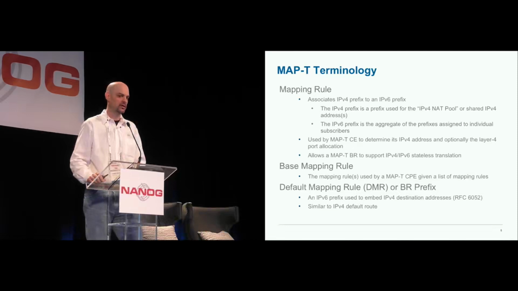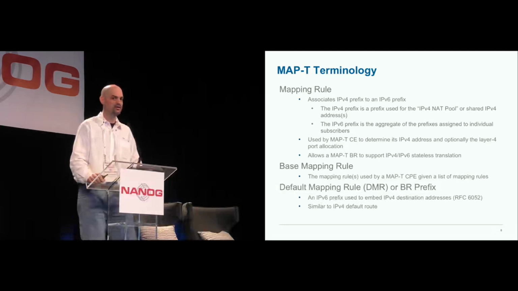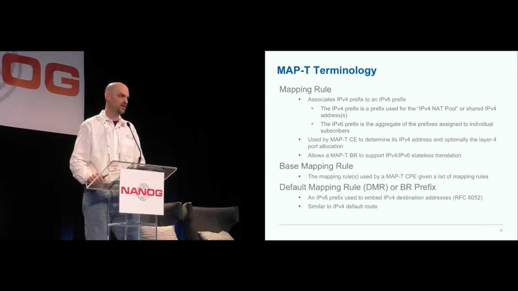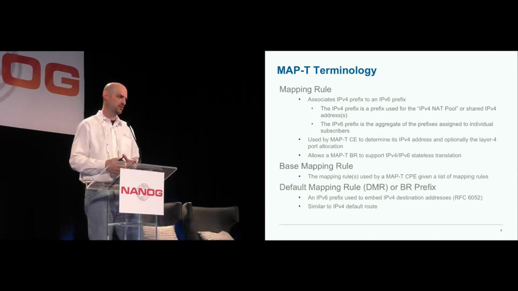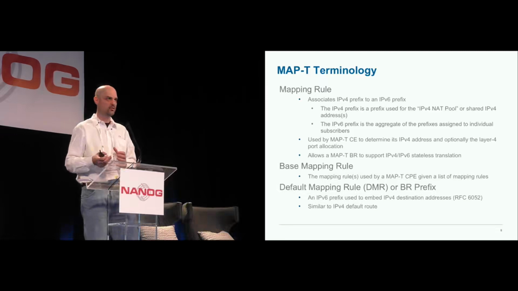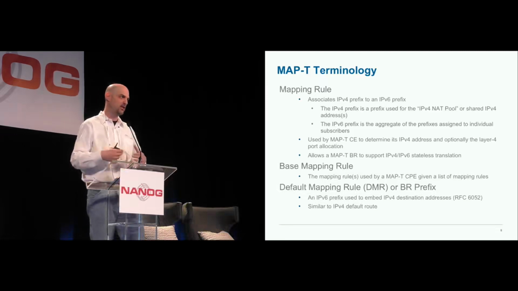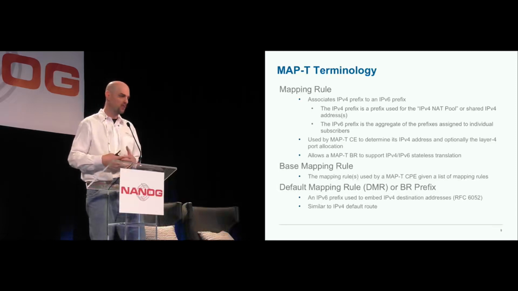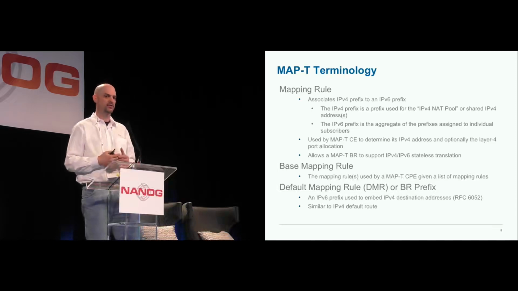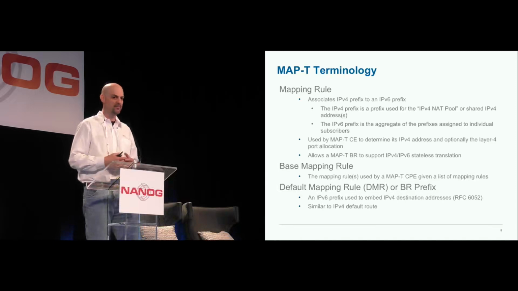It involves originating an RFC 6052 style prefix from the border relay. What you do with this prefix is you embed Internet IPv4 destinations within it. Since this prefix is originated by the BR, any traffic that you're trying to tunnel through to the BR will be drawn by this route and processed by the border relay. As I mentioned, it's very similar to an IPv4 default route.